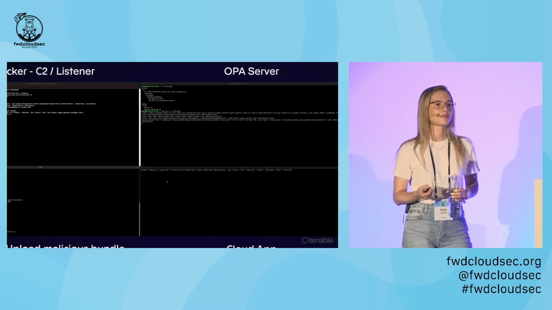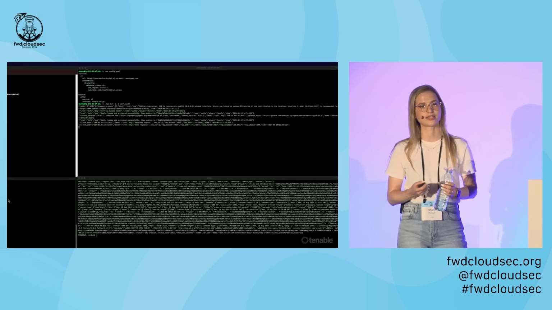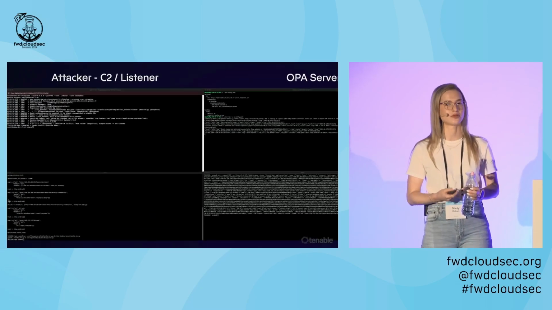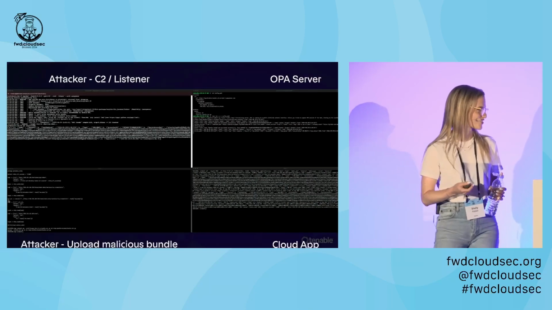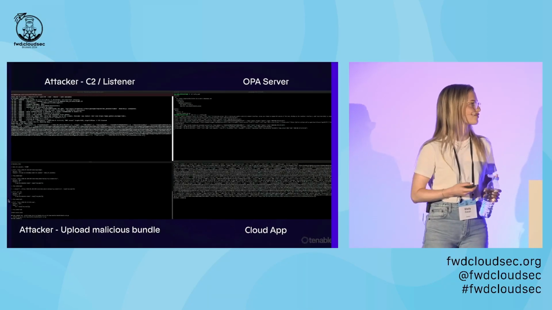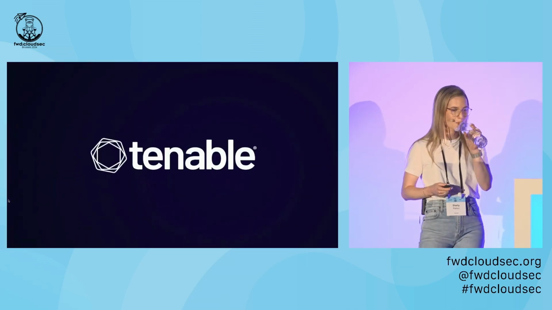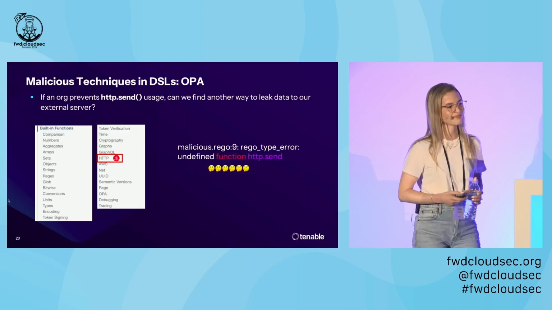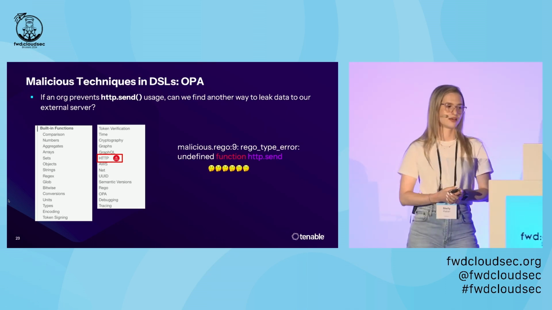The next time the web application triggers a request to OPA, policy evaluation takes place, and this malicious policy runs as well. And it leaks credentials to this external server controlled by the attacker.